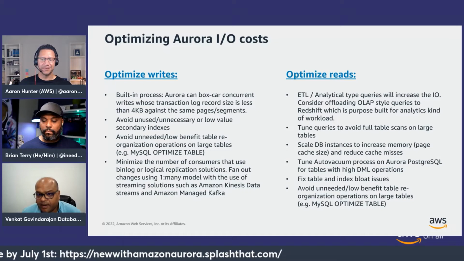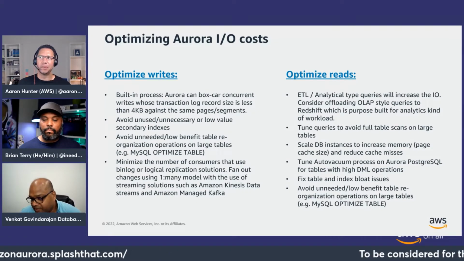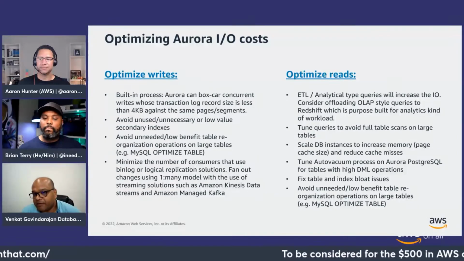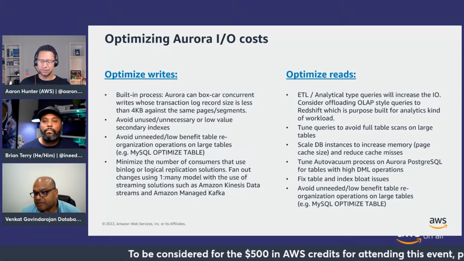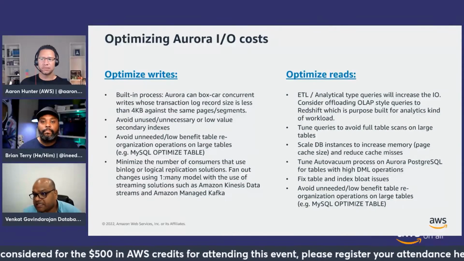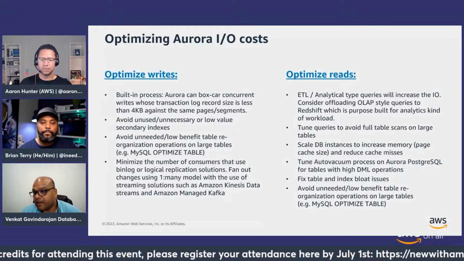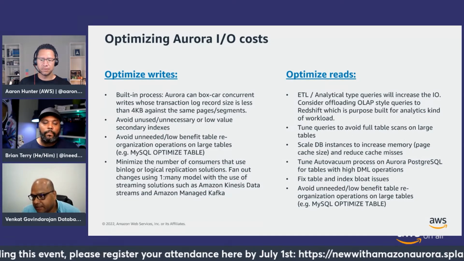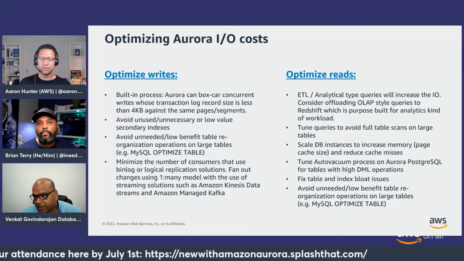If you remember, each write is billed at a minimum of 4 KB. In that case, there is a boxcar concurrent write process where it combines all your transactions and tries to write them in one shot. That way you don't incur additional costs for multiple writes. Again, we talked about low value secondary indexes.